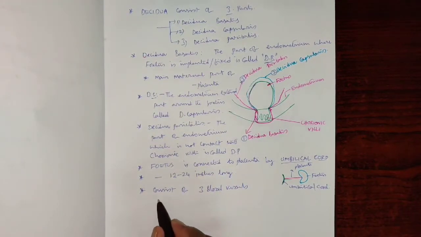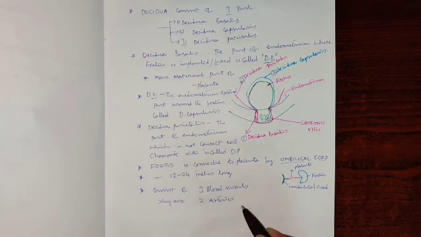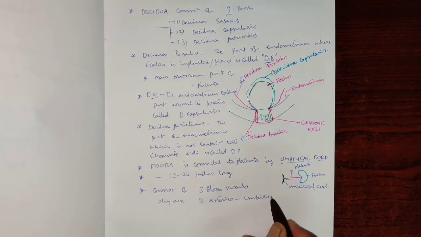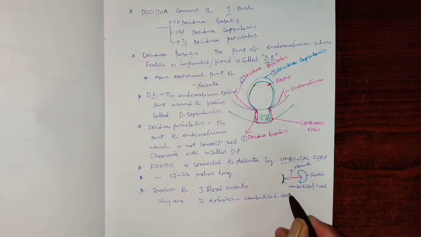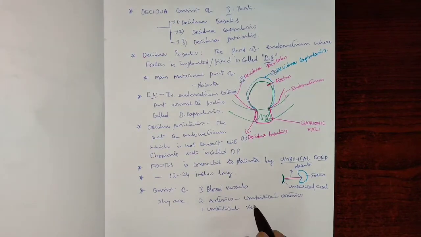They are 2 arteries called umbilical arteries, and 1 umbilical vein. So 2 arteries and 1 vein, together 3.